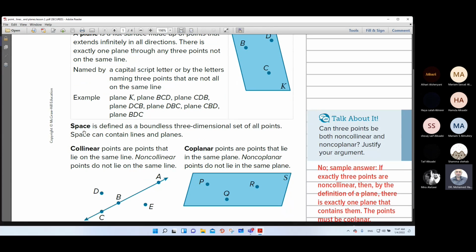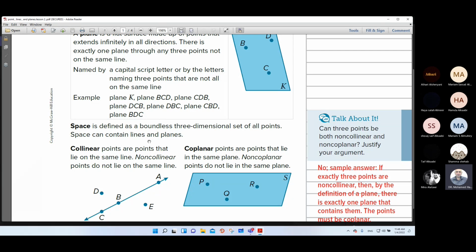What's the meaning of space? Space is defined as a boundless, three-dimensional set of all points. Space can contain lines and planes.